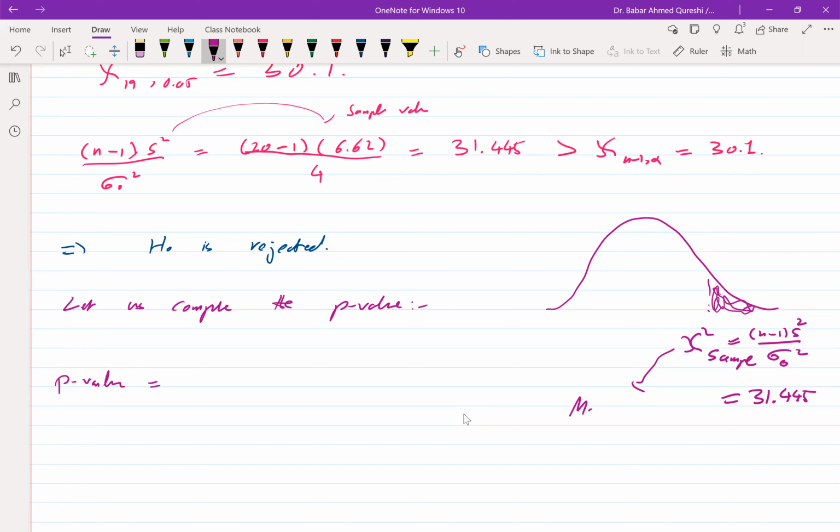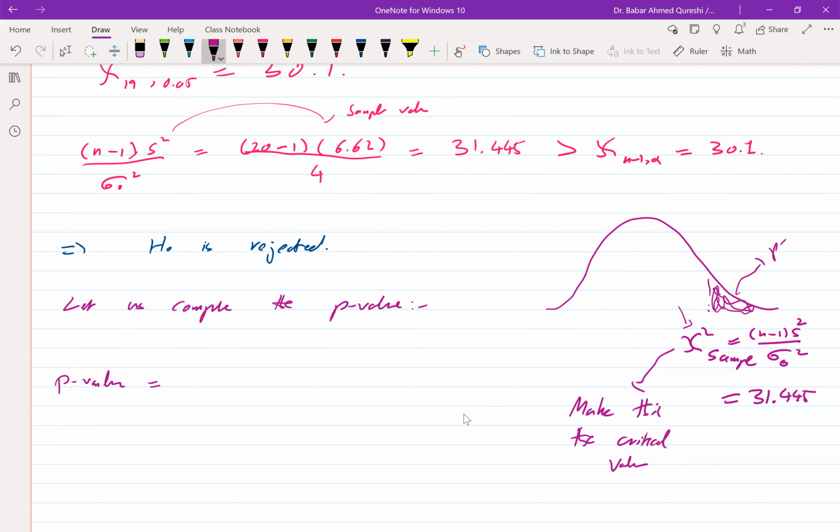So make this the critical value. And then you compute all this probability, which is the probability that you can reject the hypothesis given that you saw this value in the sample.